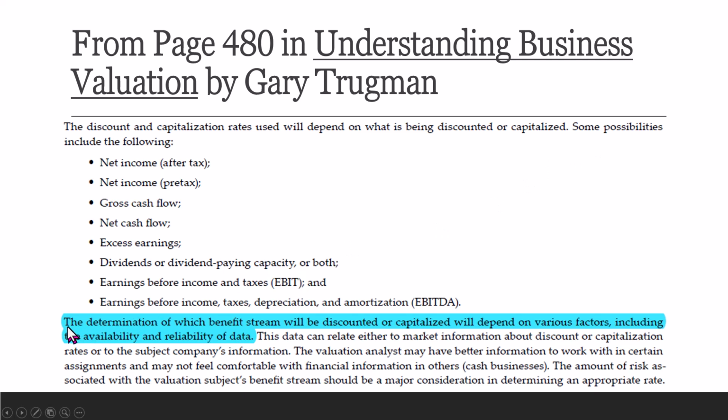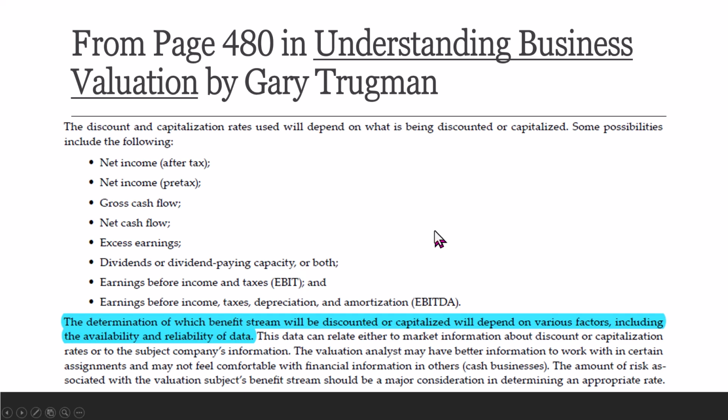And he says down here, highlighted, the determination of which benefit stream will be discounted or capitalized will depend on various factors, including the availability and reliability of data. So if I'm appraising a business and I don't have financial statements prepared on an accrual accounting basis, just cash, I'm going to be missing a lot of data that would allow me to calculate historical net cash flow, changes in working capital, things like that. So do I need to look at different methods to appraise those types of businesses?